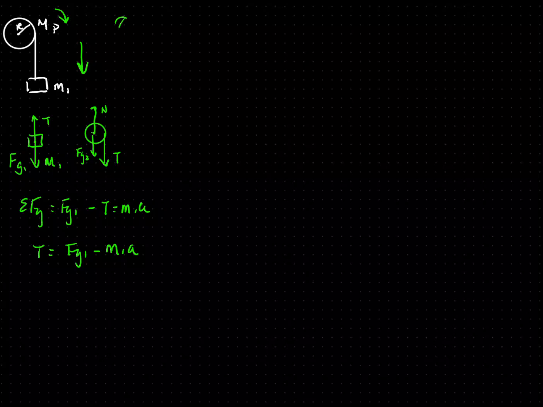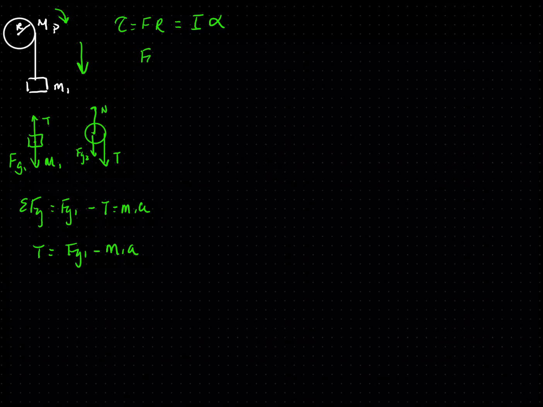My torque equation is Fr equal to moment of inertia I times the angular acceleration. I'm going to substitute in for my force, which is the tension here. So that's Fg1 minus M1A times R, which is the radius, equals I.